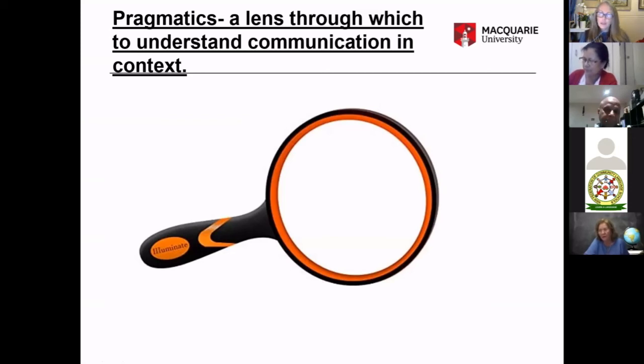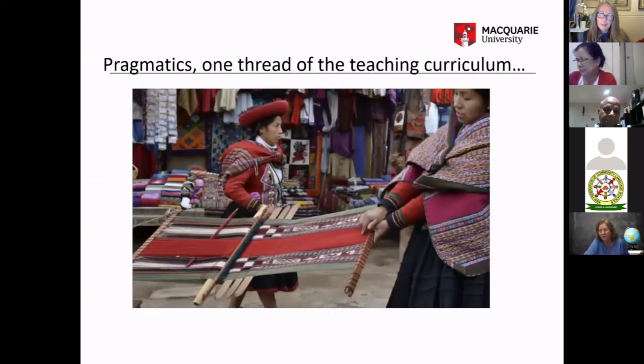So you can also think of it like a piece of cloth that you're weaving. So if you imagine that your grammar and vocabulary and everything are these strands that everybody thinks are the most important thing, but pragmatics goes across all of that, because every use of language is always in a context of some way. It's woven into everything that you do regarding the language.